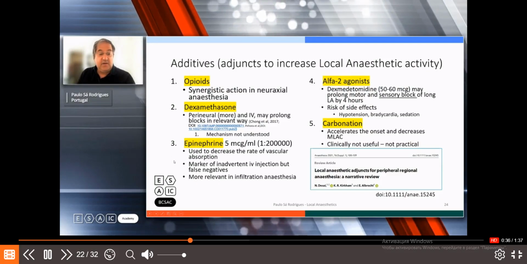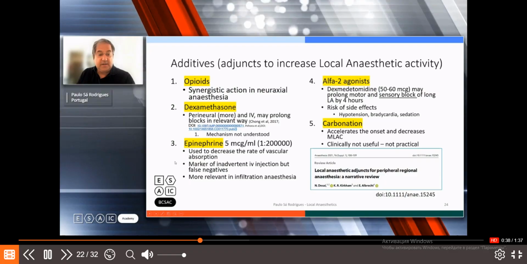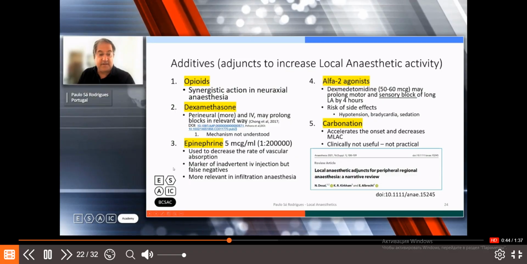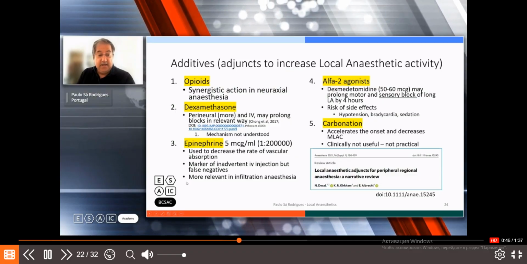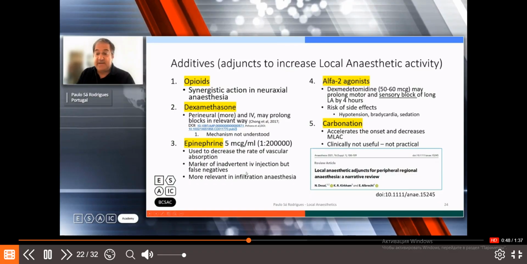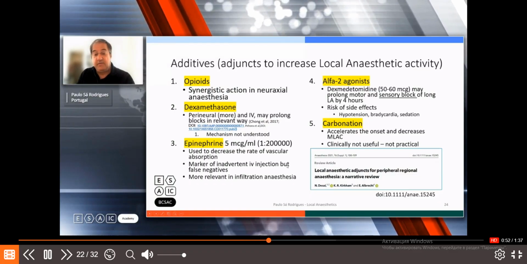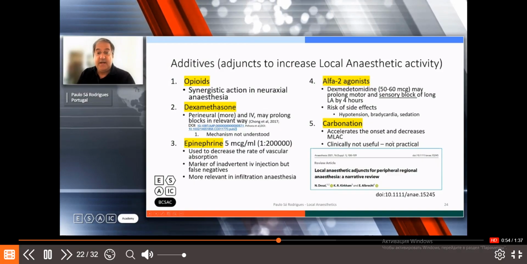It's classical to use epinephrine to decrease the rate of vascular absorption, limiting the potential for toxicity from the local anesthetic, and also as a marker of inadvertent IV injection, but be aware of false negatives.